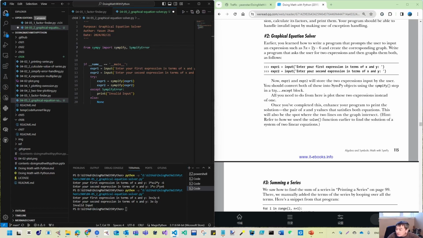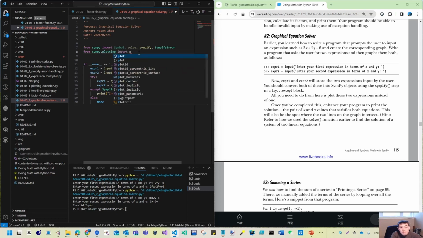Let's see what we need to do, because we need to find the solution. We definitely need symbols to define x and y, and we also need solve. We have the simplify import, and since we will do the plotting, we need to prepare the plotting library, so import plot.